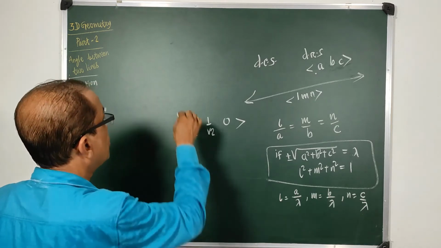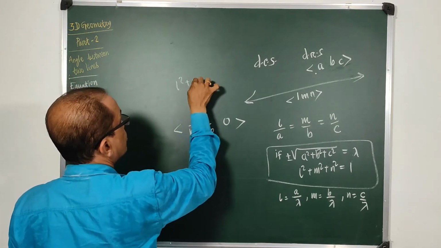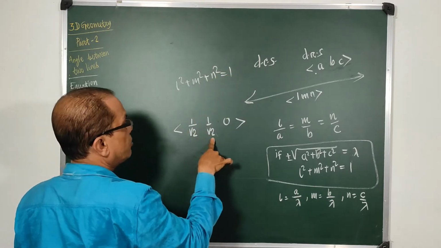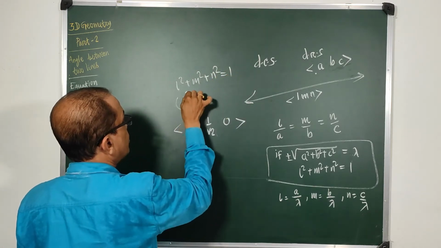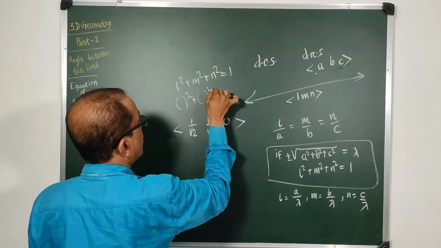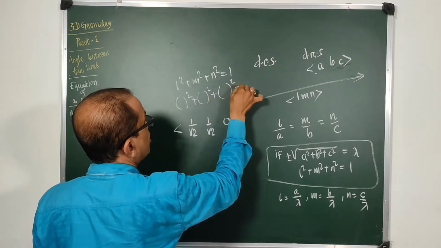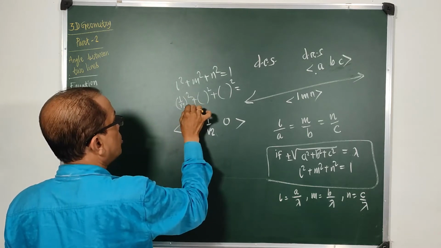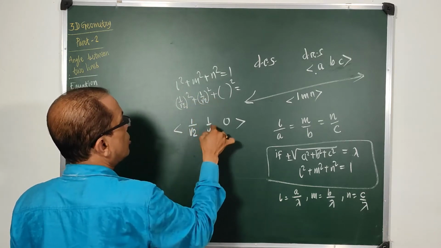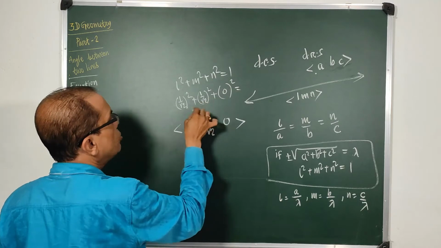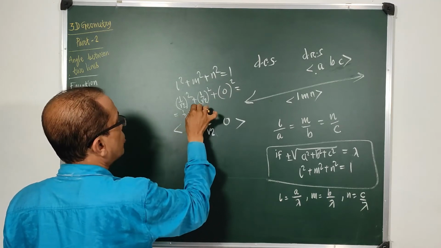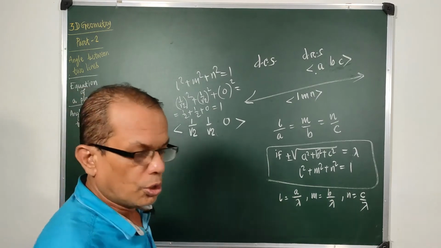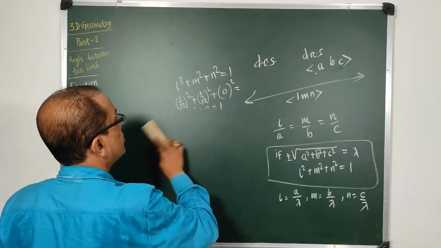How to know? Since we have l square plus m square plus n square equal to 1, you add the squares of the three and examine if the sum becomes 1. Put 1 by root 2 here, 1 by root 2 here and 0 there. Then this is 1 by 2 plus 1 by 2 plus 0, which is equal to 1. So these are true direction cosines of a line.